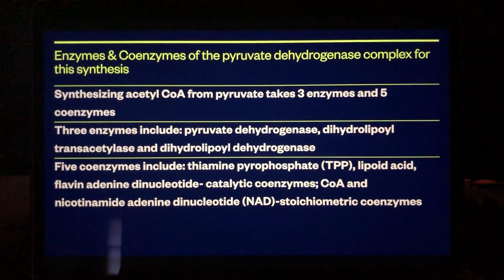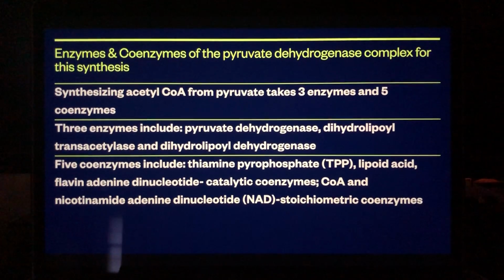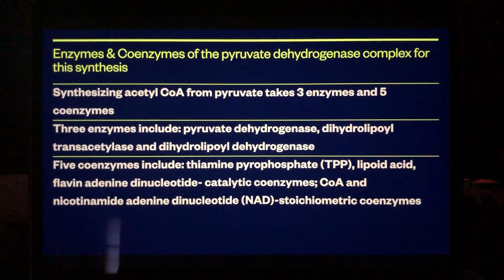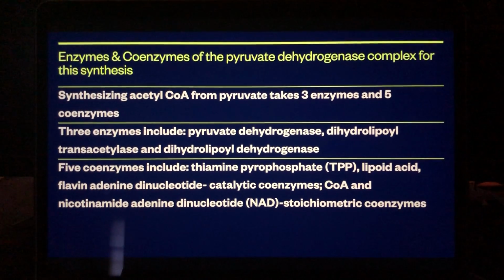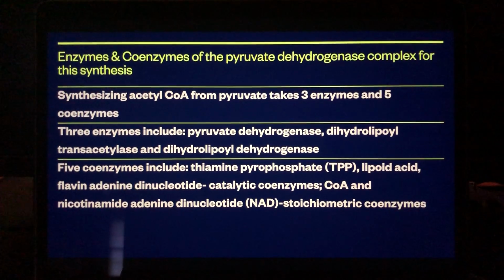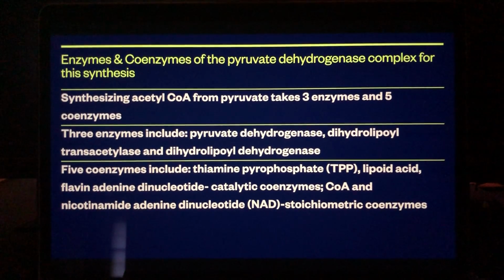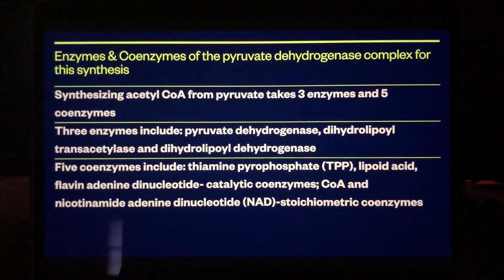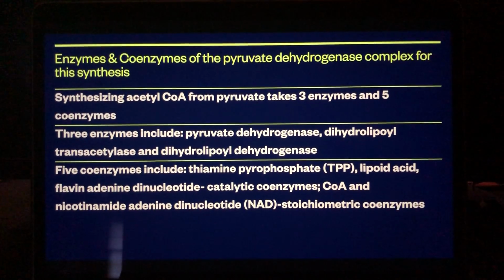And then the 5 coenzymes include thiamine pyrophosphate, which is TPP, and then lipoic acid, and flavin adenine dinucleotide. And those are all catalytic coenzymes.